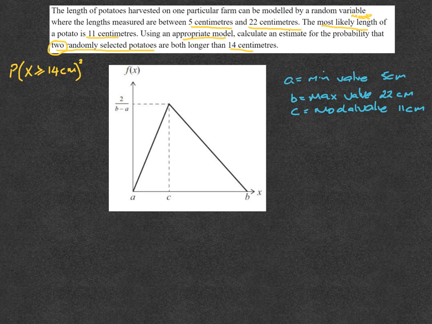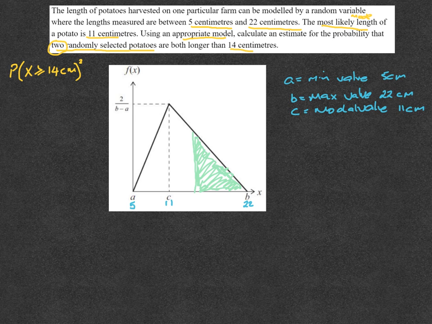And then if I superimpose on this particular graph here, so for example, if that's 5, that's 11, and that's 22, we are looking for 14 and above, which just as an estimate, we're looking for this probability here. Remembering that the total probability beneath this triangle is equal to 1.